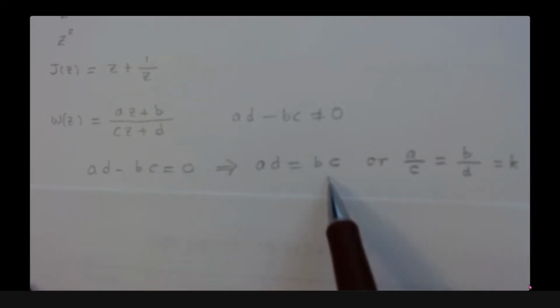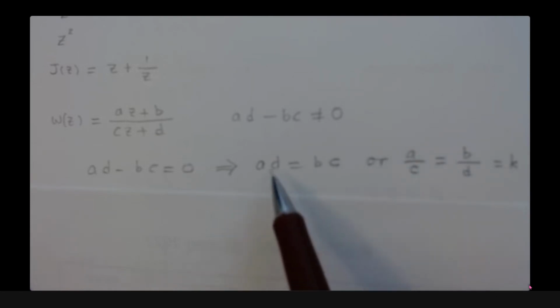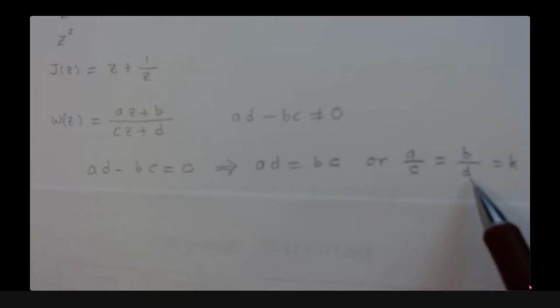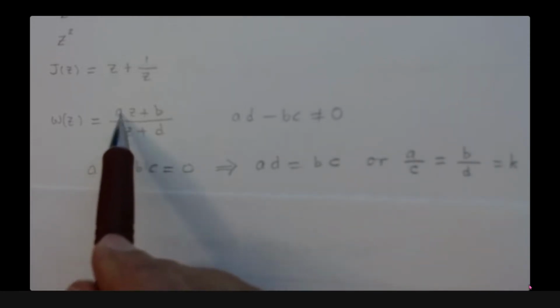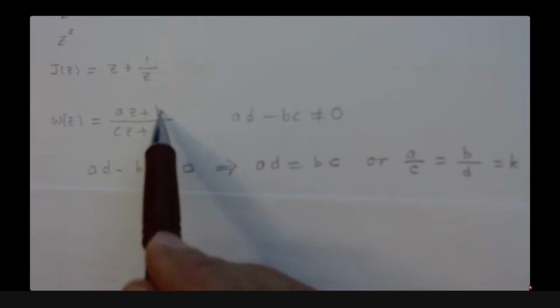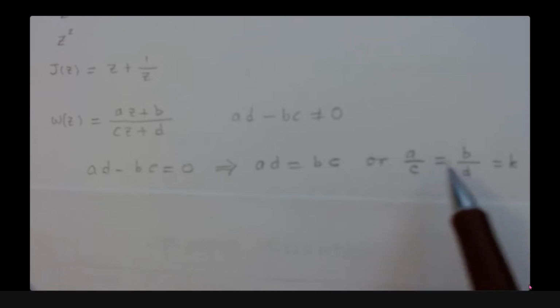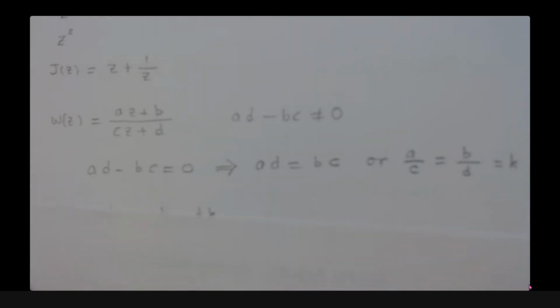You take BC to the other side, and if you divide by C and D, you will have A over C is the same as B over D. If we call it K, then from these equations, you can find A is K times C and B is K times D.